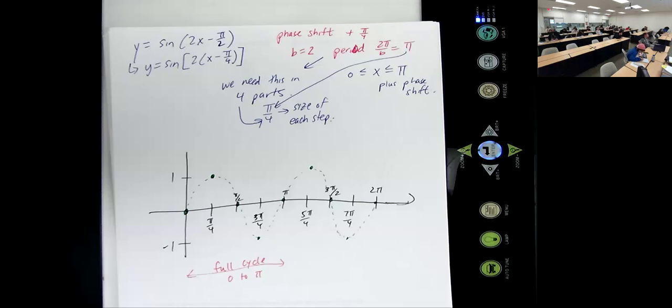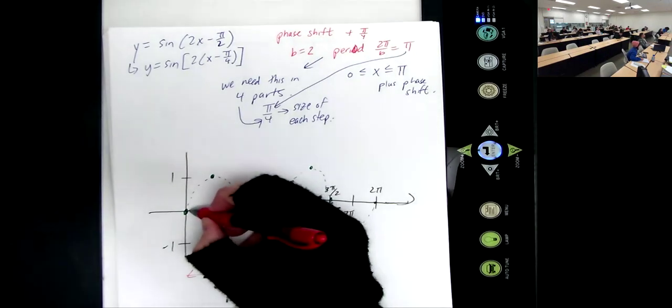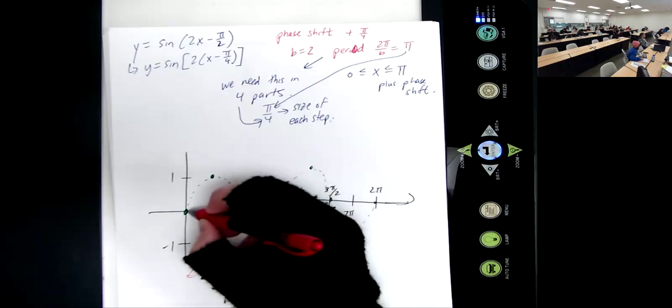I have a phase shift of pi over 4, is that left or right? It's right. Do I have any vertical shift? No. So every point is just going right pi over 4.